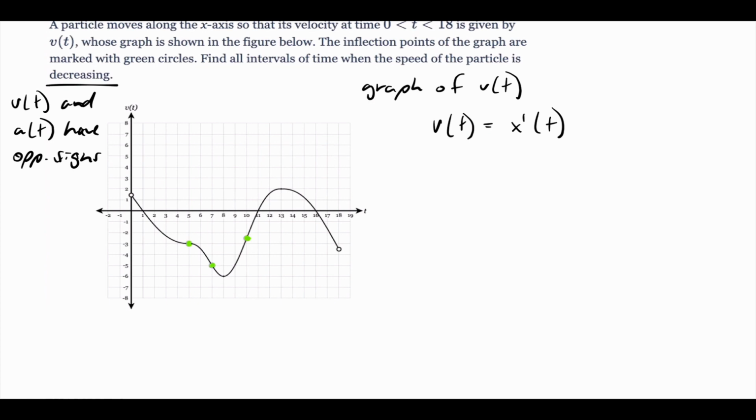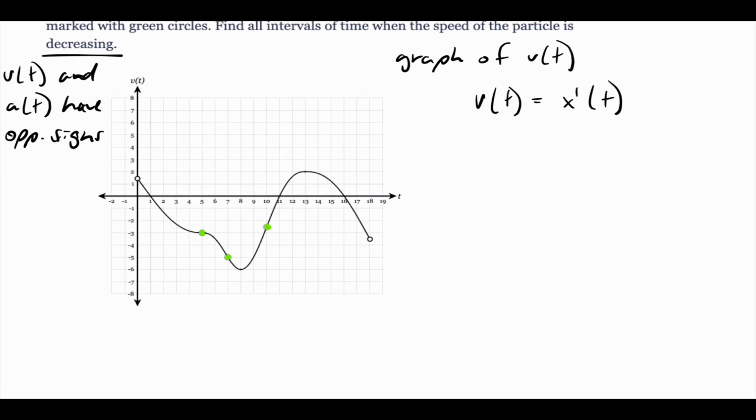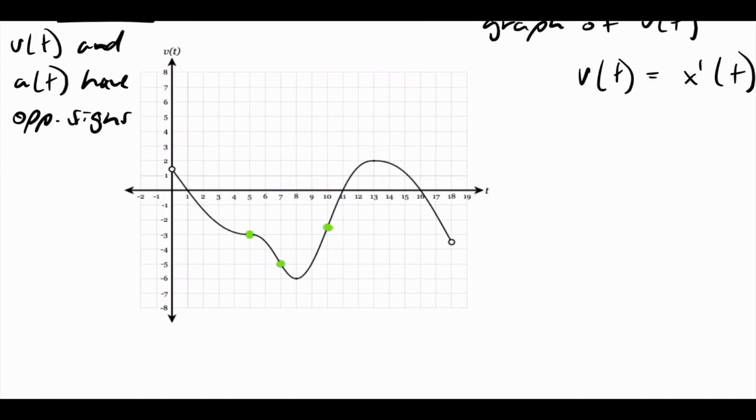Okay. So let's start with velocity. How do I know where velocity is positive or negative by looking at this graph? I want to know where velocity is positive or negative. The y values.